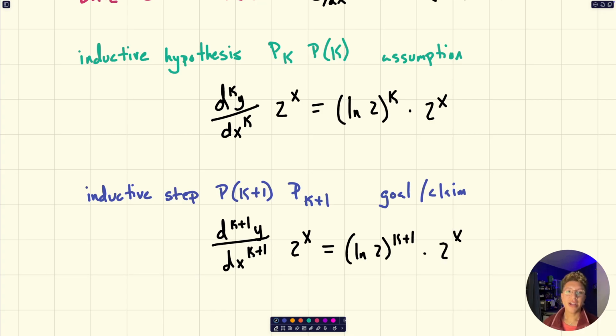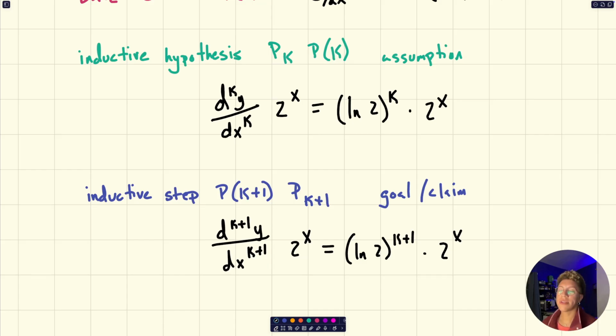So as before, everything we've done so far is exactly the same, and this is where the calculus part comes in. As we saw before, we always take our assumption and put it at the top of the screen, and we take our goal, our claim, and put it at the bottom, and we slowly try to work our way down to our goal using algebra.